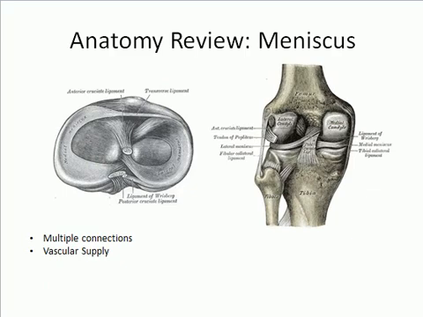Keeping on with our anatomy review, let's go over some things about the meniscus. The meniscus plays a large role in knee function and definitely warrants more discussion here. Meniscal and chondral injuries, like we talked about a little bit ago, account for around a quarter of all knee injuries. Females in the older population are more at risk for meniscal tears in general.